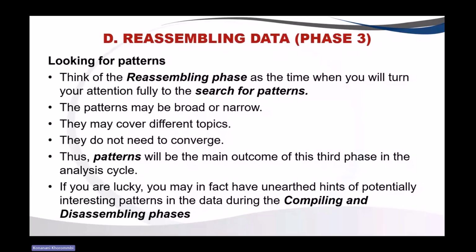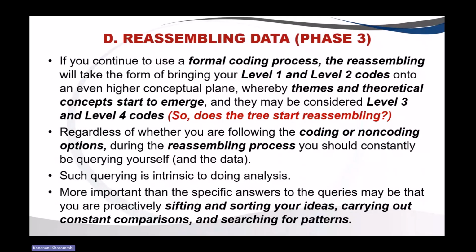If you continue to use a formal coding process, the reassembling will take the form of bringing your level 1 and level 2 codes onto an even higher conceptual plane, whereby themes and theoretical concepts start to converge, and they may be considered level 3 and level 4. So does the tree start reassembling? Remember, we had a tree that had levels 4, even up to level 5.